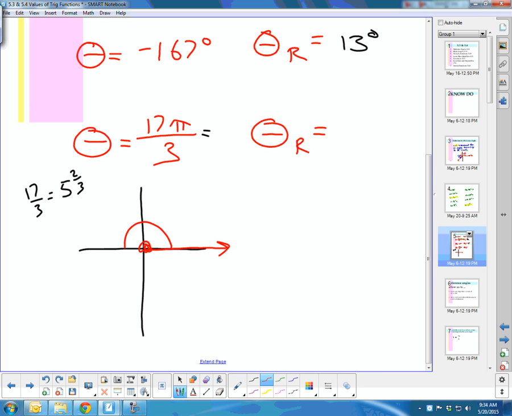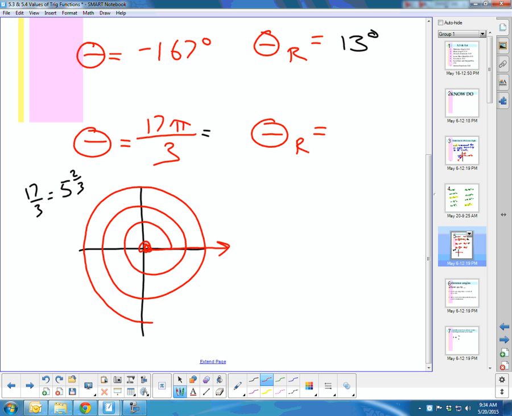There's 1 pi radians, 2 pi radians, 3 pi radians, 4 pi radians, 5 pi radians, 5.5 pi radians. Every quarter of a revolution is pi over 2 radians. Now, 2/3 is a little more than a half, so I'll go to here, and I'm going to draw my terminal ray there, put a little arrow on the arc, and that is an angle of 17 pi over 3 radians.